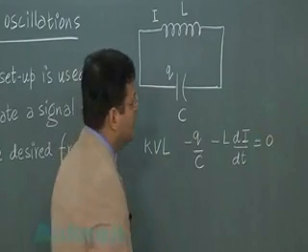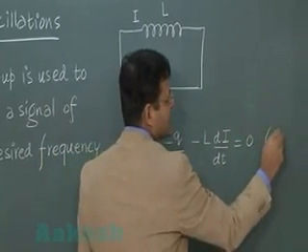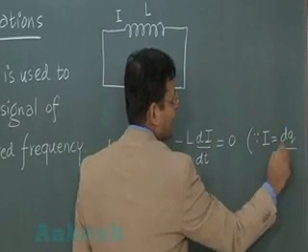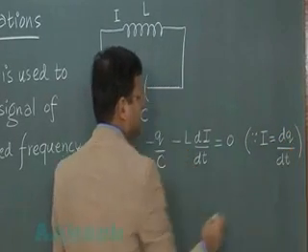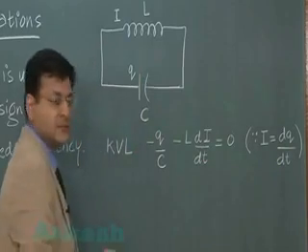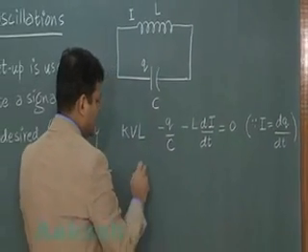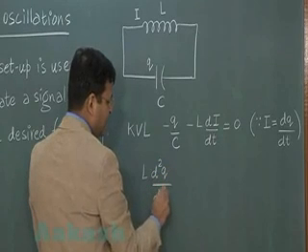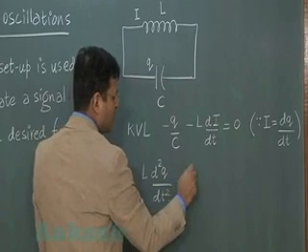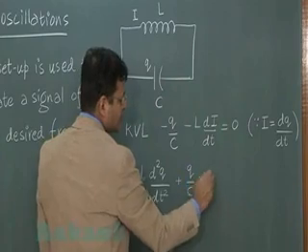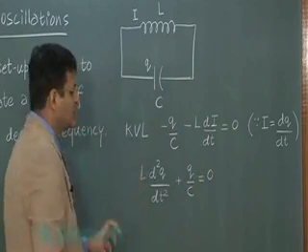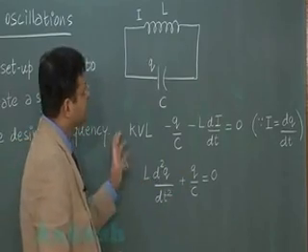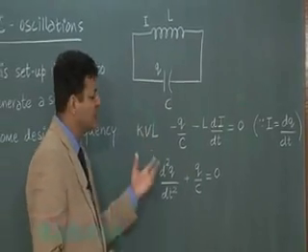Now since the current is itself equal to dq by dt, the entire expression can be written as L d2q by dt2 plus q by C equals 0. Understand? So this is the differential equation of the LC oscillation which is taking place.